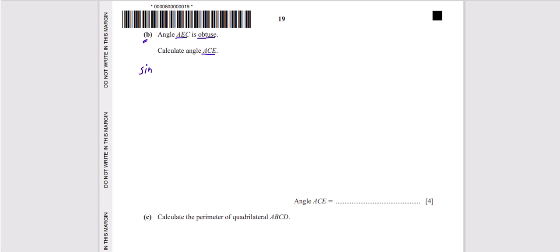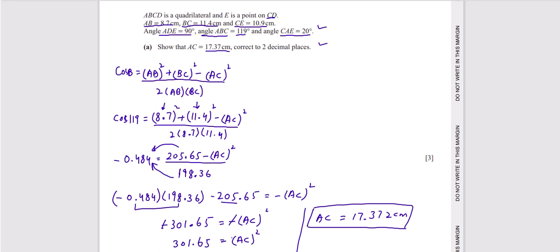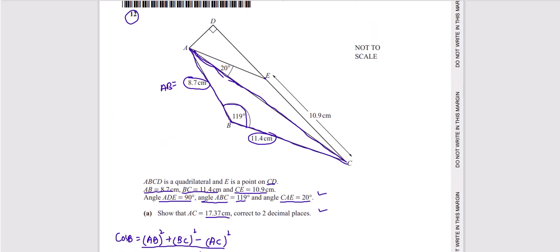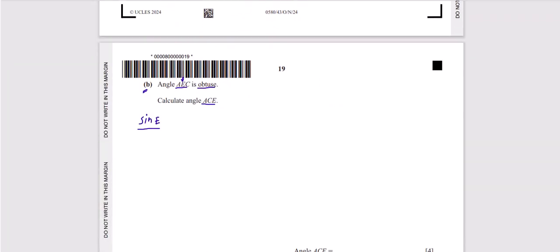Here we find angle E. Sine E divided by the front side of this angle. Where is sine E? This one is sine E. Okay. Divide with the front side. The front side is AC. Divide with AC is equal to sine A.